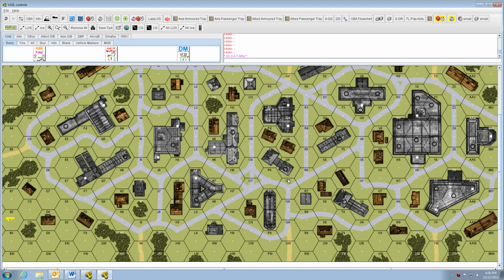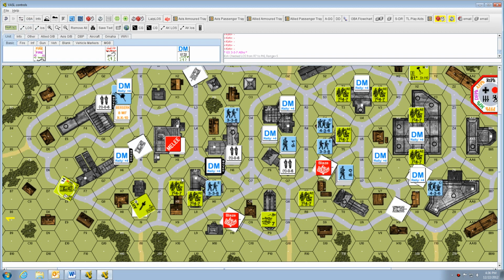If we look at a line of sight here, you can clearly see that this unit here in R7 has line of sight to M6. Can the German player actually move into that hex to go away? Or would he be interdicted in this hex? In this case, he would be interdicted and have to surrender to the American player.